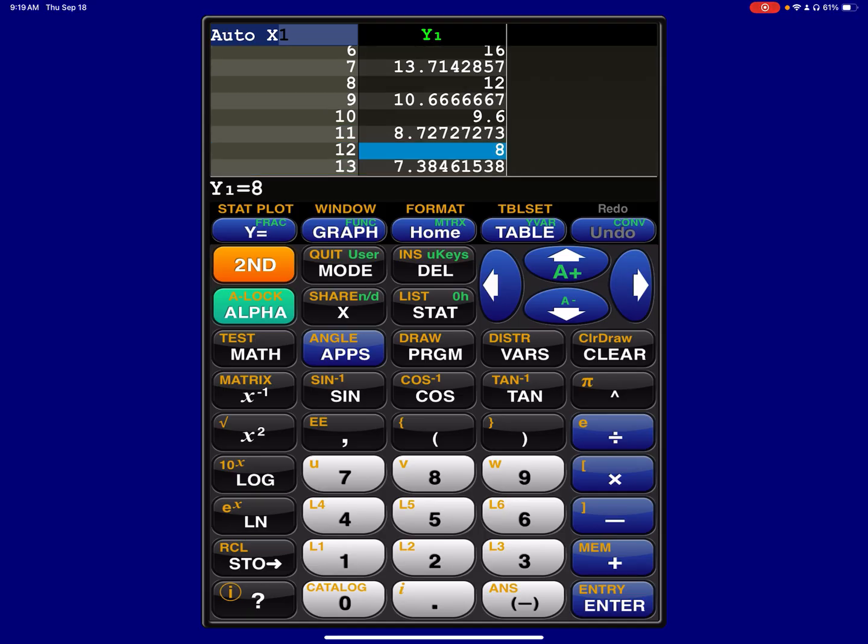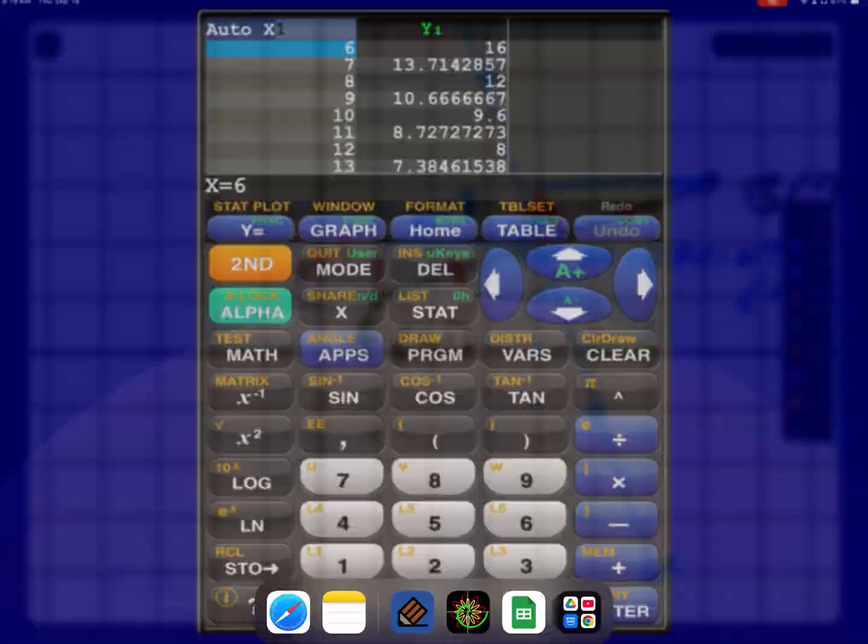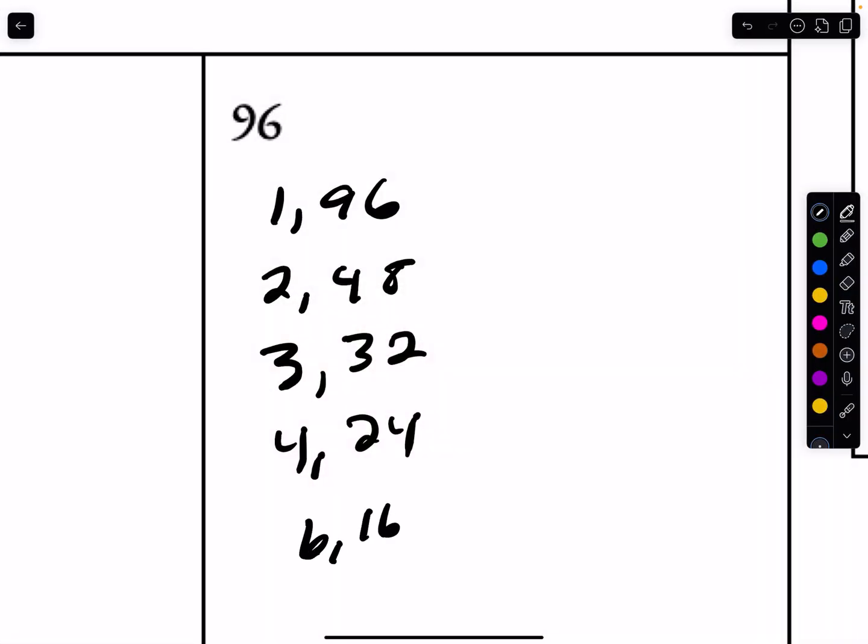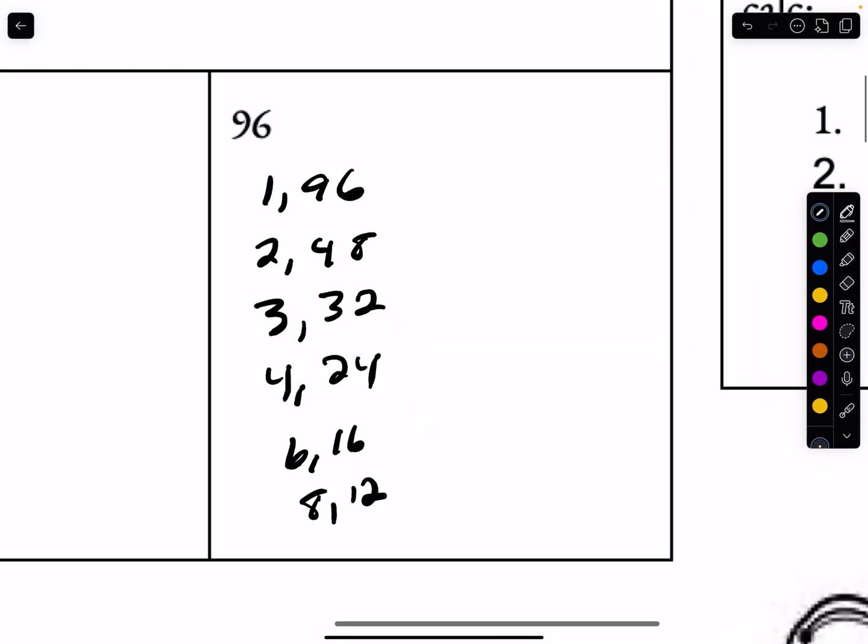See how it repeats? That means we already got it. So all these numbers multiply up to give you 96.